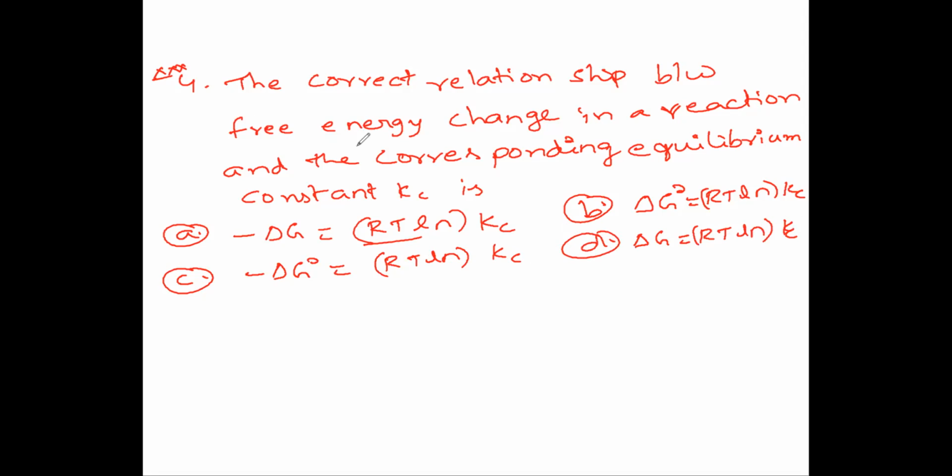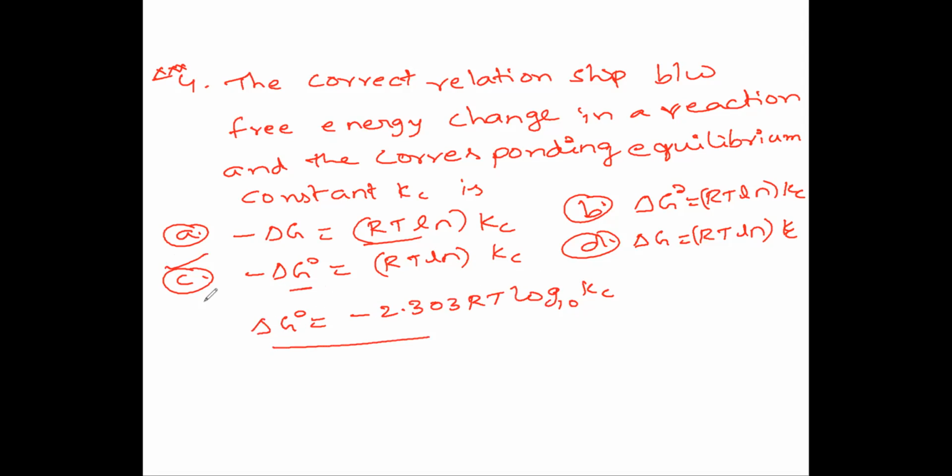So they have given the correct relationship between free energy change in the reaction and the corresponding equilibrium constant Kc. So the answer is option C, because minus delta G degree, that is standard free energy change, since delta G degree is equal to minus 2.303 RT log Kc, log base 10 Kc.